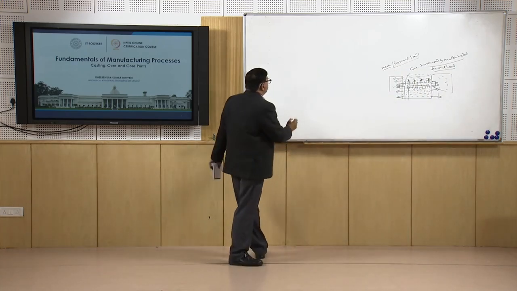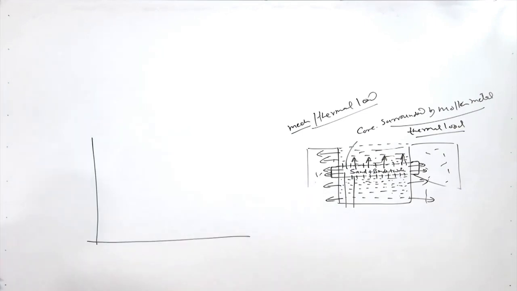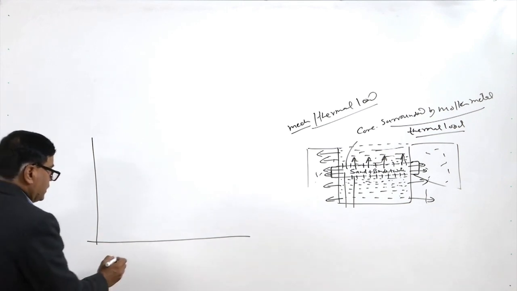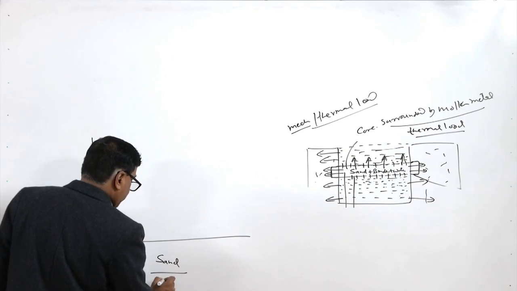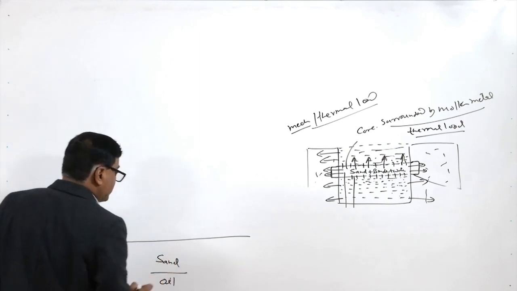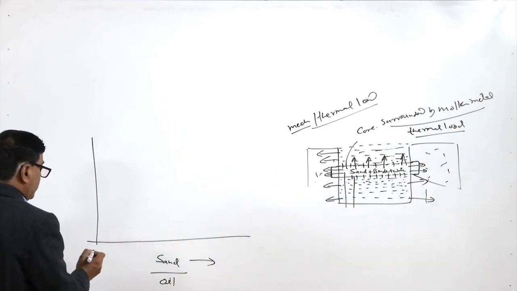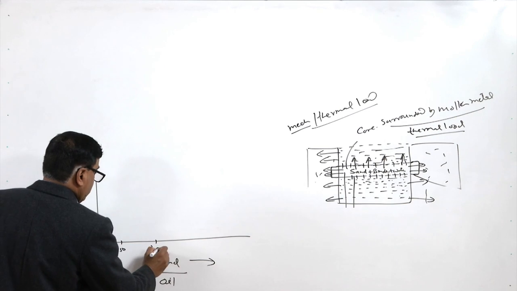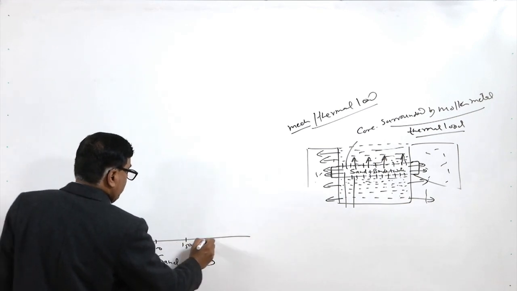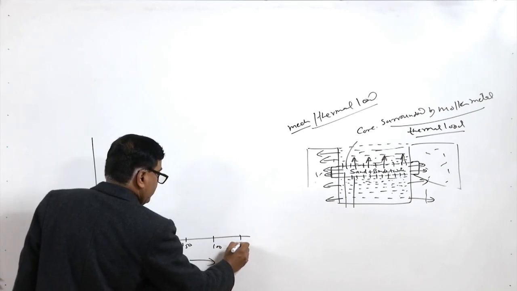Then there is a typical diagram which shows how there will be a change in the properties of the core with the change in the ratio of sand and the oil which is used as a binder for making the core. Say the ratio is 250, 200, 150, 100 and 50.